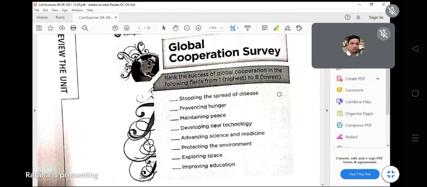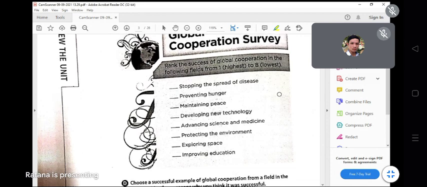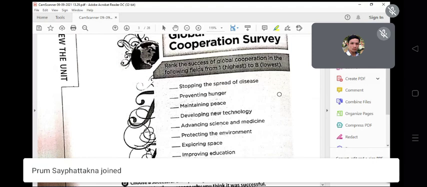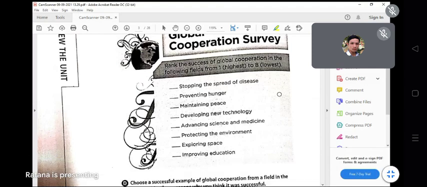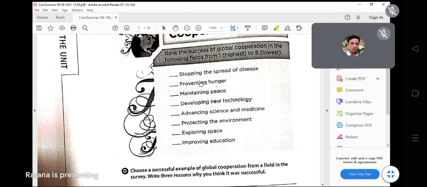You can see here: rank the success of global cooperation in the following fields from number one, the highest. They call it a rating scale. Rating scale number one is the highest, and number 8 is the lowest. So we have 1, 2, 3, 4, 5, 6, 7, 8.